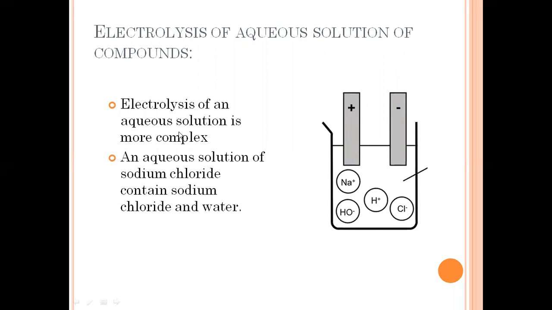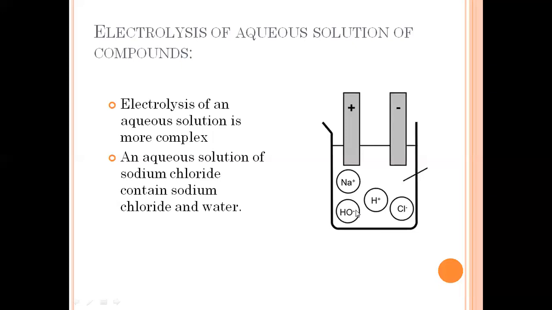Why is electrolysis of an aqueous solution more complex? Due to the presence of two or more electrodes and ions in it. So here is the mixture of sodium chloride and water. What happens there actually? There are four ions present in this electrolyte, two cations and two anions.